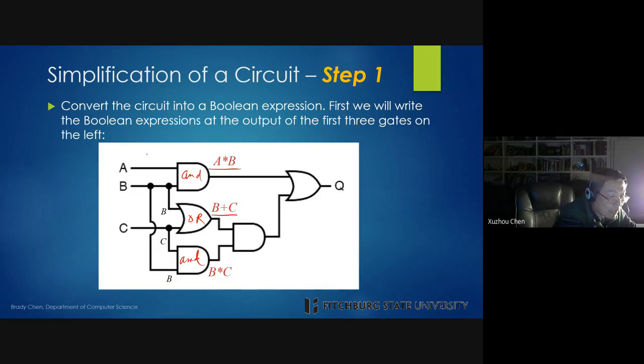So then you have input A, input B, and you get output A times B. Input B, input C, you get B plus C. And input C and input B, you get B times C. And then B plus C and B times C go through the AND gate, so we go to our next level, right?